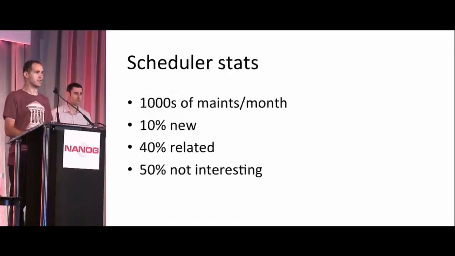Some of the stats for the scheduler: we receive thousands of maintenance notifications a month, of which about 10% are new. So these are easy to process. We just create a new event. About 40% of them are related to previous notifications that we received.